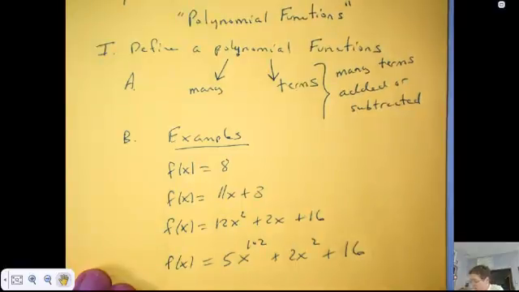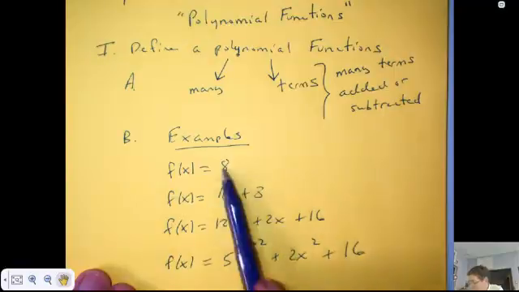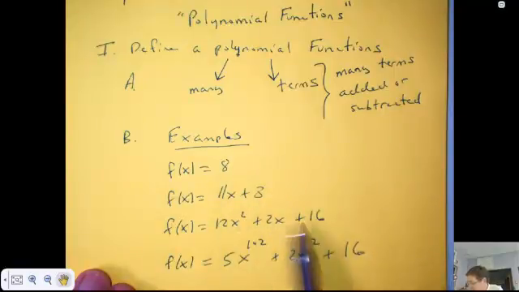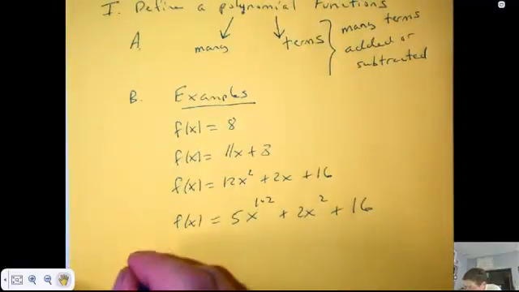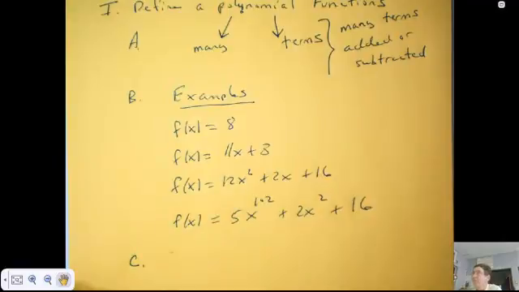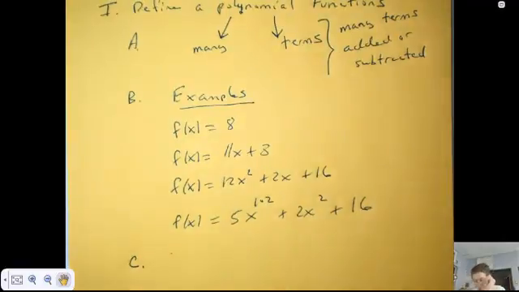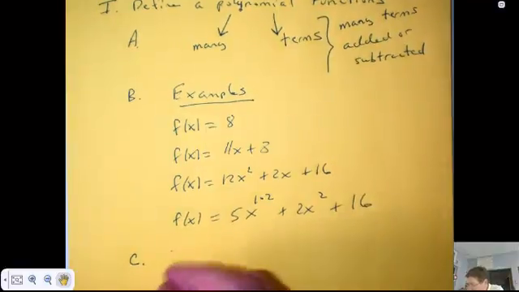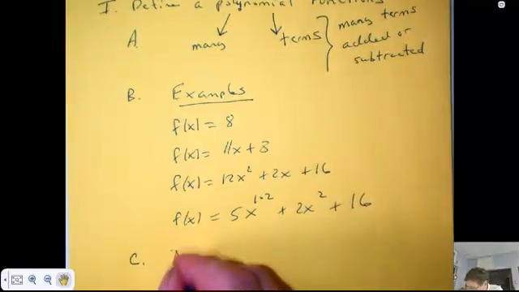All of them have many terms, although we could have had some zeros on this, but many terms added or subtracted together. So I guess it may be important to look at what do we not have. So what things are not polynomials? Well, we can't have any rational terms.